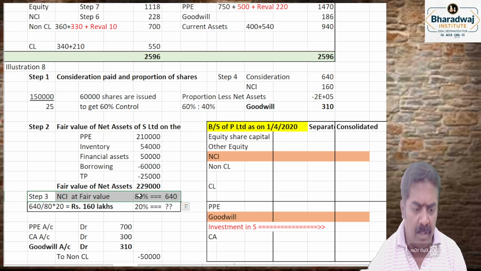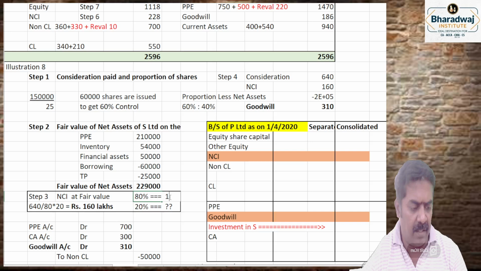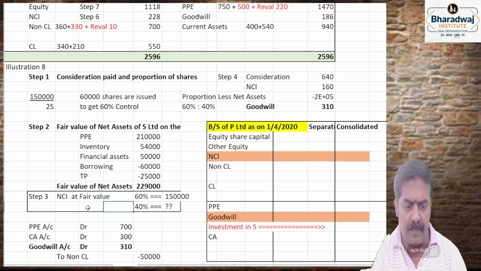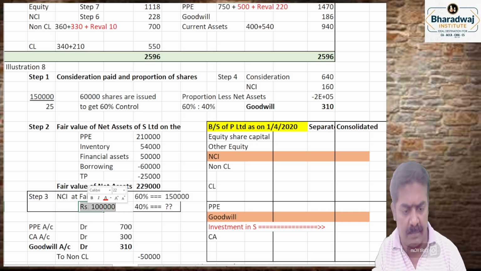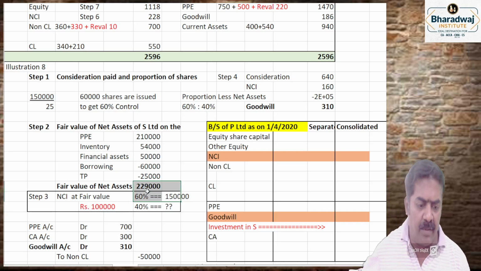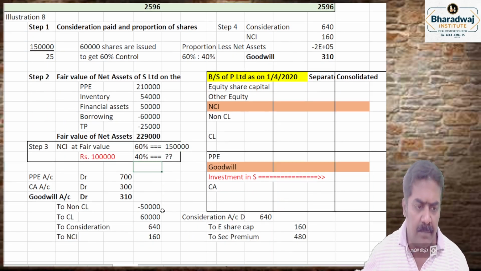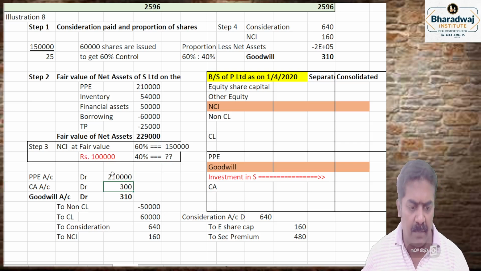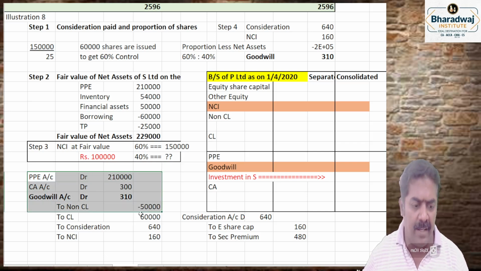NCI at fair value, we can take. 60% is how much they invested? 1,50,000. So 40% how much? One lakh will come: 1,50,000 divided by 60 into 40. This is 2,10,000, the fair value of net assets.